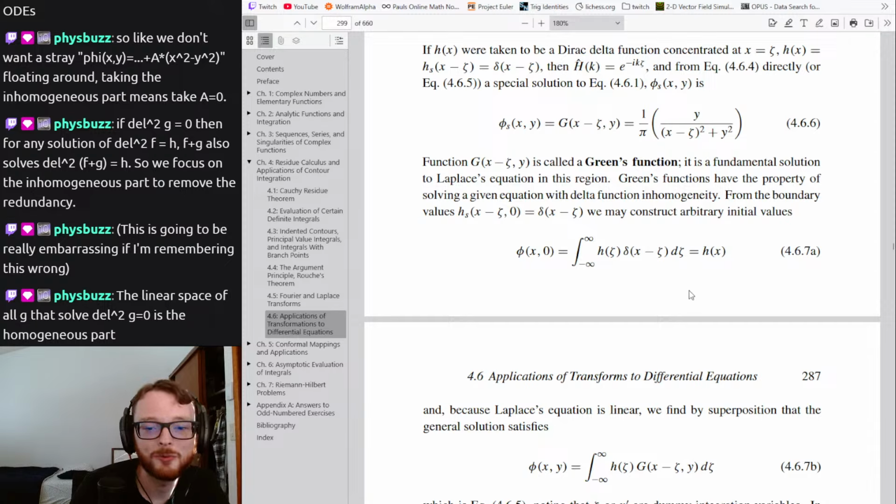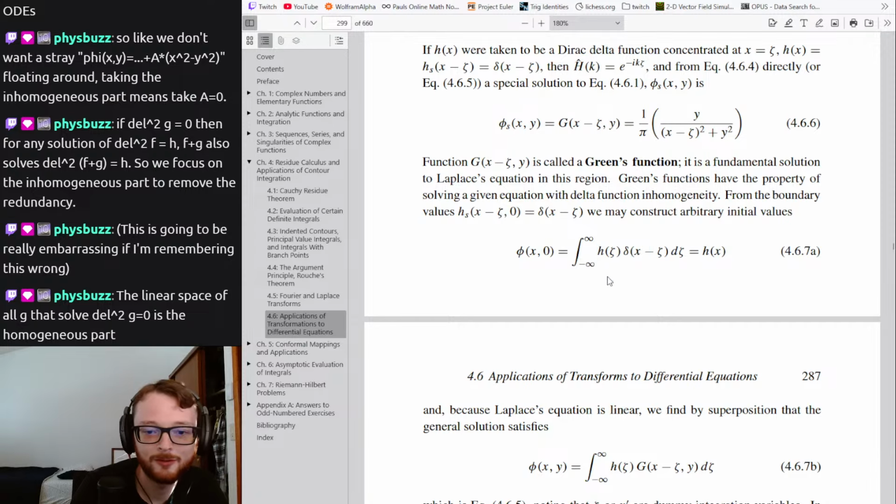Oh, okay. I see what they're saying now. I think. Well, I think I see what this equation is doing. They're just taking the boundary condition we already had, and you can always express it, if you just feel like it, as a convolution product with the delta function.